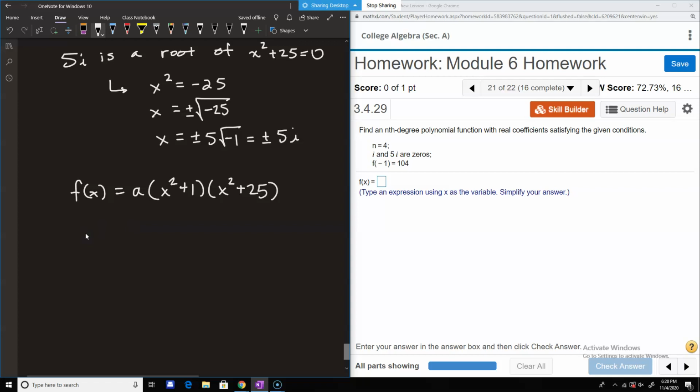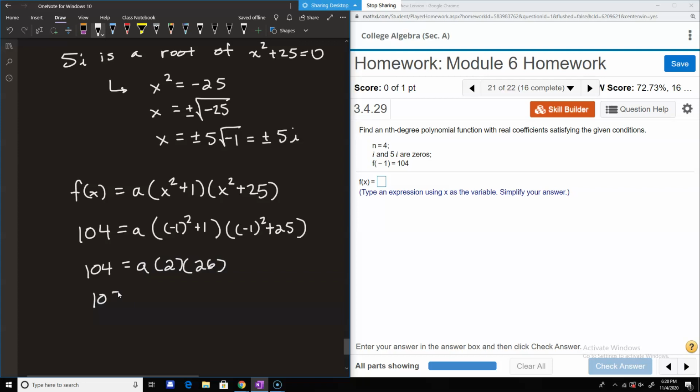So if you plug in -1, f of x should turn into 104. So we get 104 equals a times -1 squared plus 1 times -1 squared plus 25. So 104 is equal to, this is a times 2 times 26.